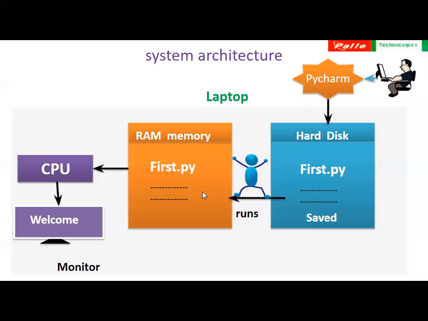If you store any data inside RAM, once you restart the system, everything will be deleted. But when you store data inside hard disk, it will be there until and unless you delete the file. Is this clear? The difference between hard disk and RAM memory?